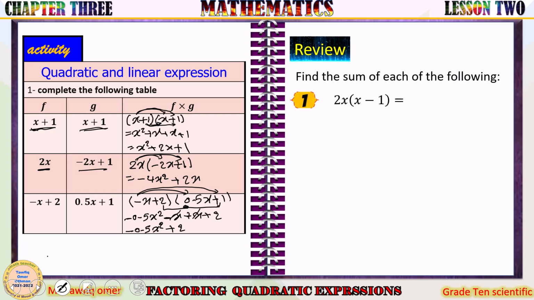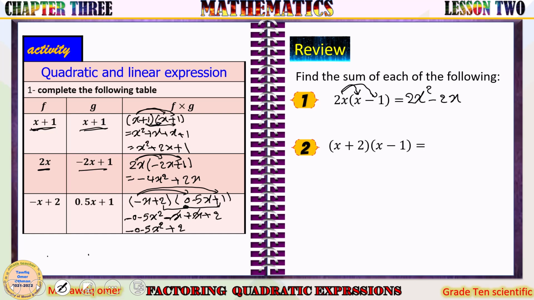Find the product of each of the following. 2x multiplied by x minus 1. 2x times x is 2x squared, and 2x times minus 1 is minus 2x.